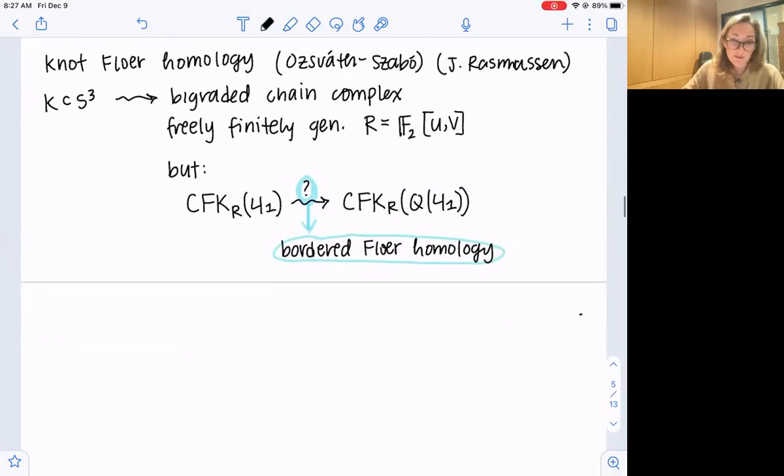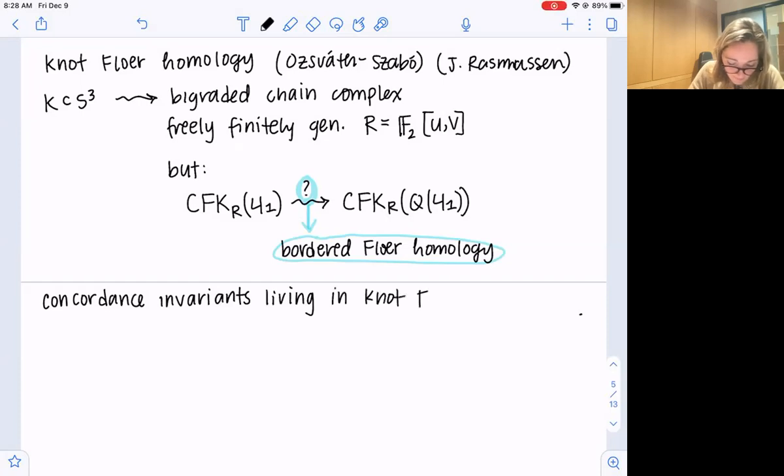And then to motivate why I'm even looking at knot Floer homology to answer this question, we'll recall that there are several concordance invariants living in the knot Floer framework. They're invariants that we can compute given the knot Floer complex or the knot Floer homology of a knot.